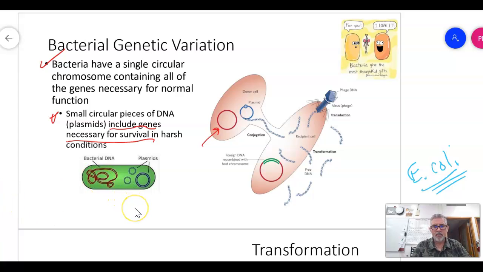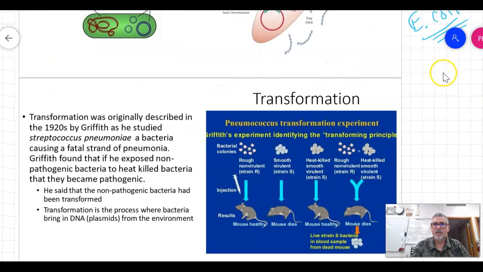And we're going to talk about how these genes for survival can be passed between different E. coli. There's a couple different ways: transformation, conjugation, and transduction. We'll go through all three of those methods.